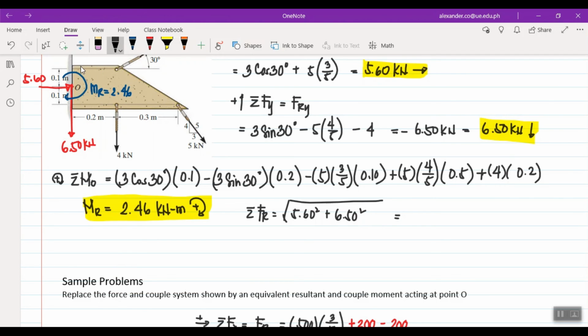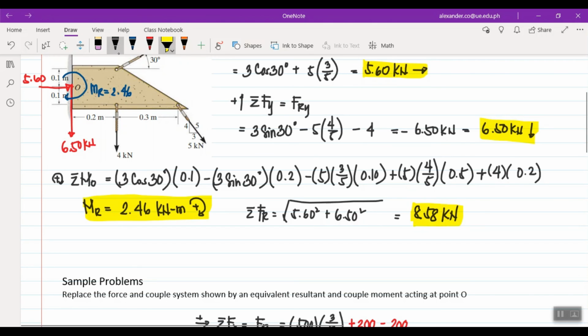So, resultant, pwede rin naman, pero kayo na siguro. So, 5.6 squared plus 6.5 squared. Tama ba? Tama. So, 8.58, kilonewton. Pag yan ang tinatanong, resultant.